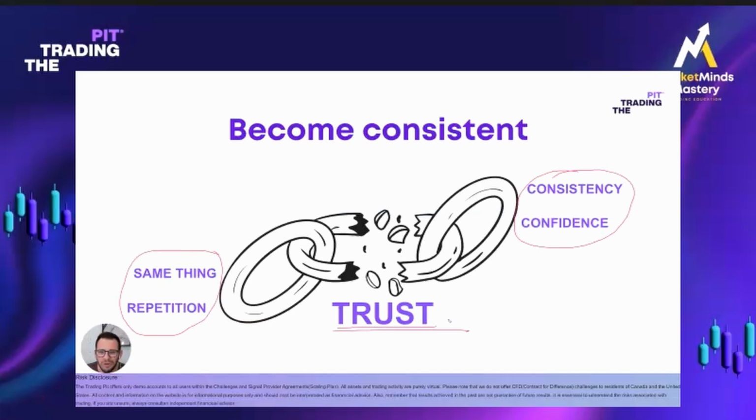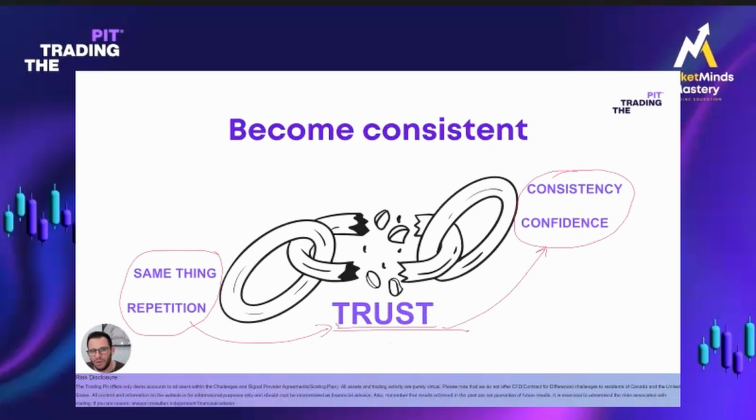I'm sure everybody knows what it means, but we must build trading trust to lead us to where we want to be. Trust is our boat to cross the island.